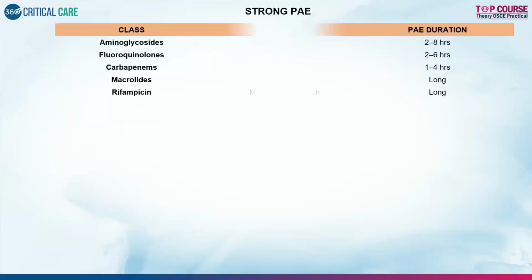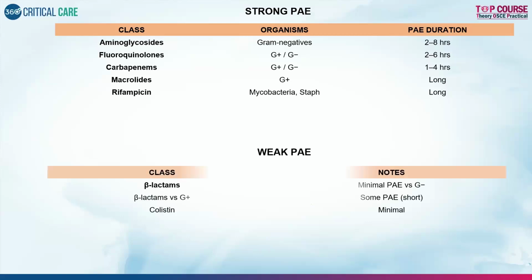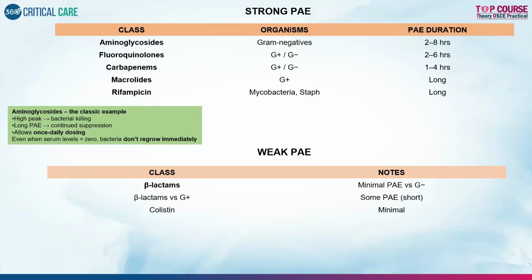So good, you guys told earlier, aminoglycosides usually have a PAE duration of 2 to 8 hours, fluoroquinolones between 2 to 6 hours, carbapenems actually is not good. Macrolides and rifampicin have a longer one. Remember your beta lactam antibiotics, like your penicillins, etc., are having the least amount of post antibiotic effect. Aminoglycoside is the classic example to talk about stronger PAE.